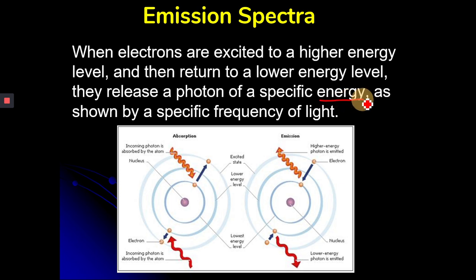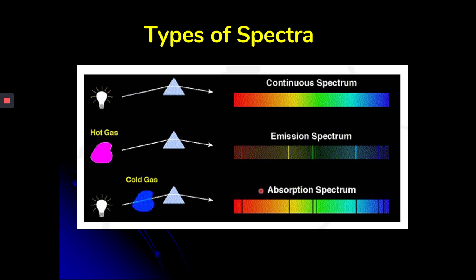Depending on what that energy is, the wavelength and the frequency would determine what type of energy is released, whether it is infrared, visible, ultraviolet, gamma, or radio wave. But remember that the electron has to fall in order to emit that amount of energy.